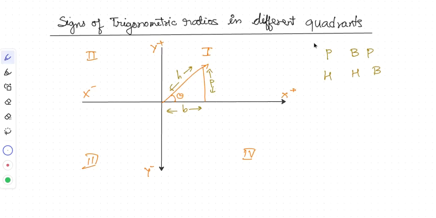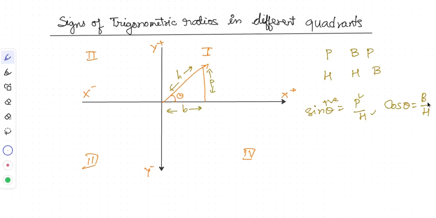So to find sine theta, we can do perpendicular upon hypotenuse. So we have P upon H. To find cos theta, we can do base upon hypotenuse. So in this case, perpendicular and hypotenuse both are positive, so sine theta will be positive.